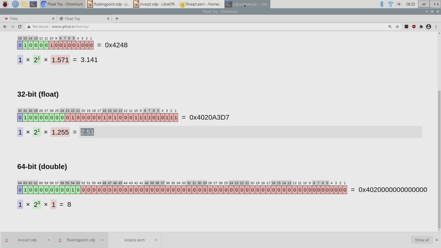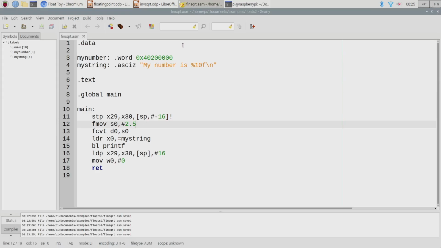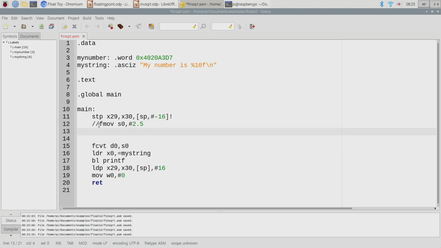All right. So what we have to do instead, so what was the number? That, right? Okay, so I can't do this anymore. I'll still have to do the fconvert. And so what I'll have to do is load x0 with the address of my number, just like we did with strings, right?